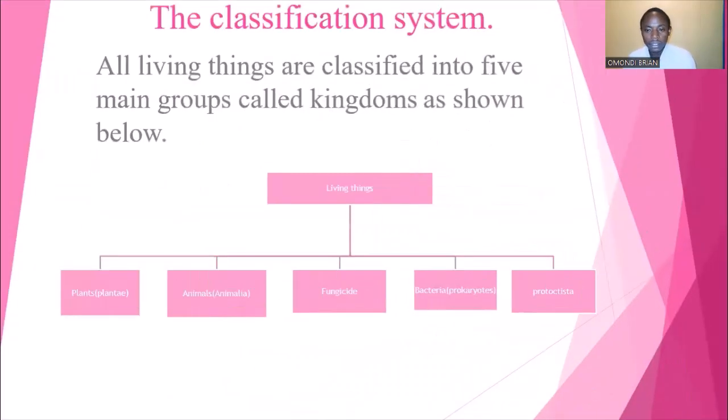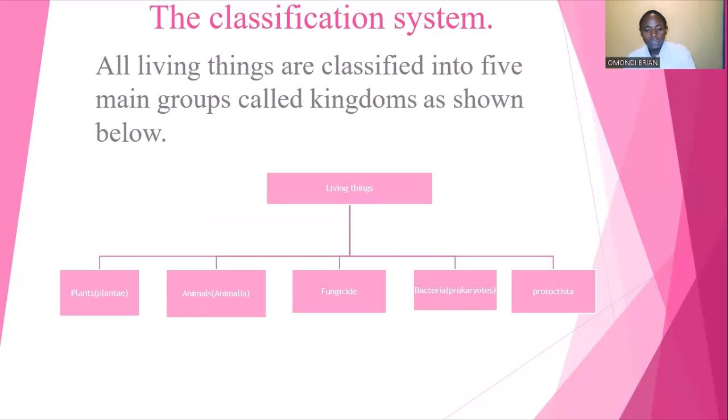Okay, so look at the classification system of living things. You realize that all living things are classified into five major groups, which we call kingdoms. So we have kingdom Plantae that consists of plants, kingdom Animalia that consists of animals, then we have fungi, bacteria, also called prokaryotes, and protoctista.